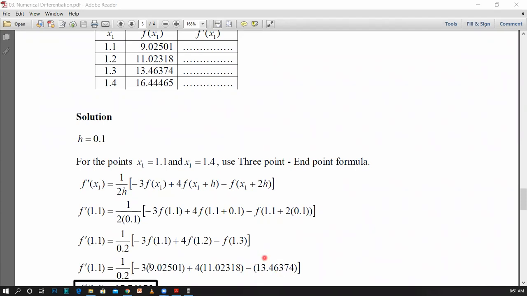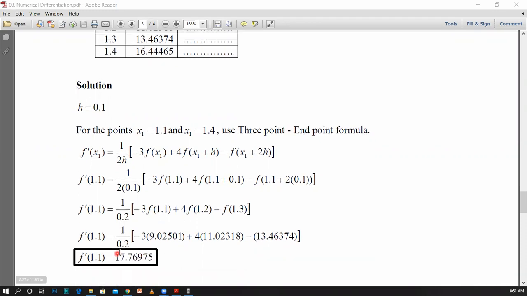Therefore, using the appropriate substitution, we can obtain the value for f'(1.1) is equal to 17.76975. This is how we are using the 3-point endpoint formula to identify the value for the derivative at point 1.1.